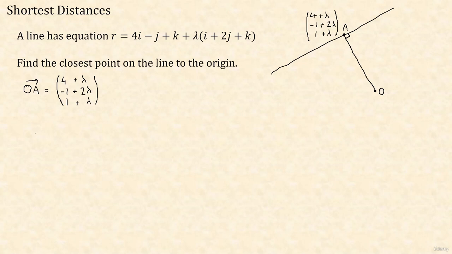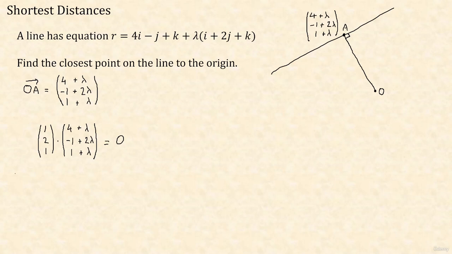So what I can say is the direction vector of the straight line, which is here, it's (1, 2, 1), dotted with the vector OA, needs to equal 0. And it needs to equal 0 because that ensures that that line OA is perpendicular to the line. And if it's perpendicular, it means we've got the closest point, A. So we set this equal to 0.